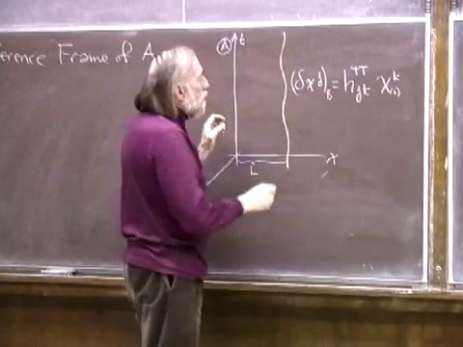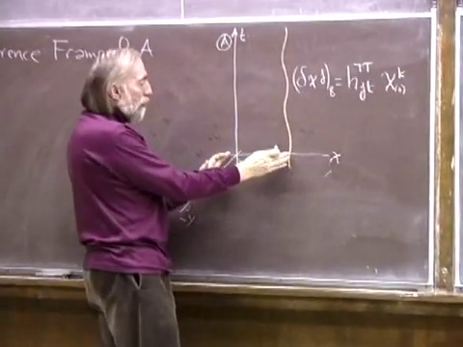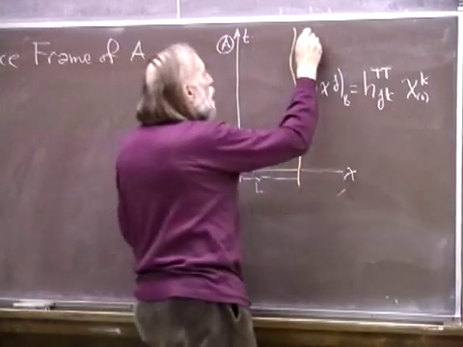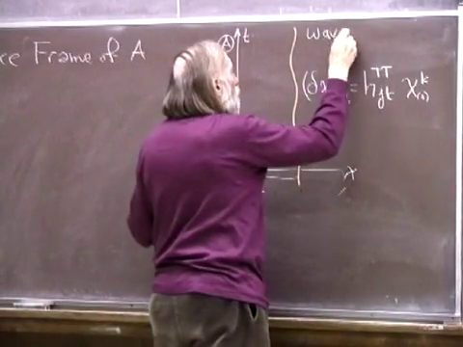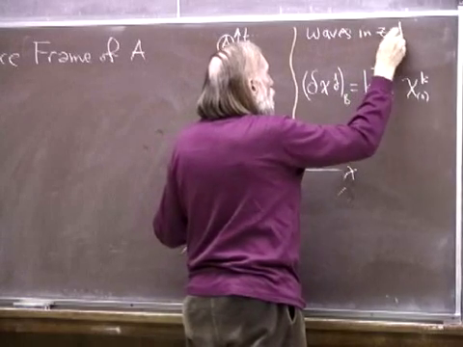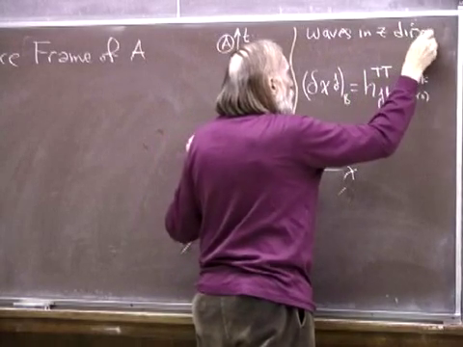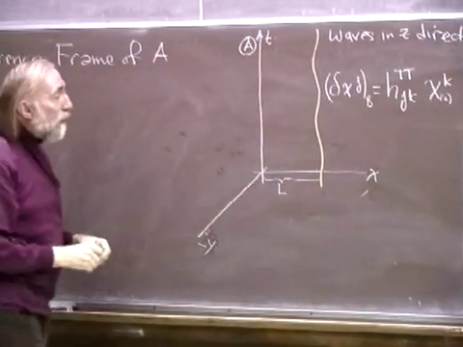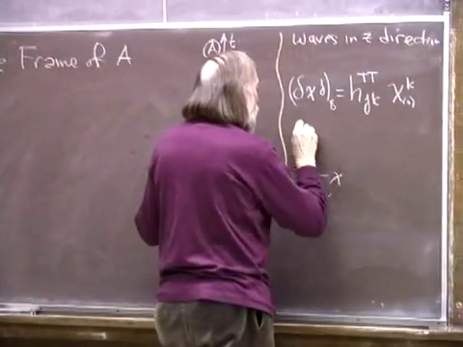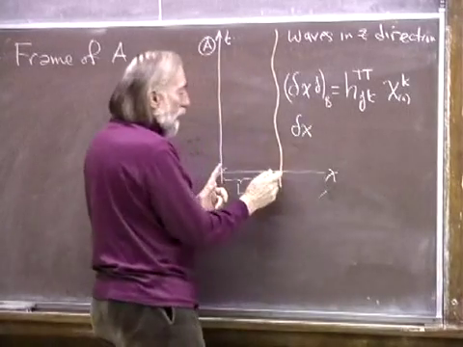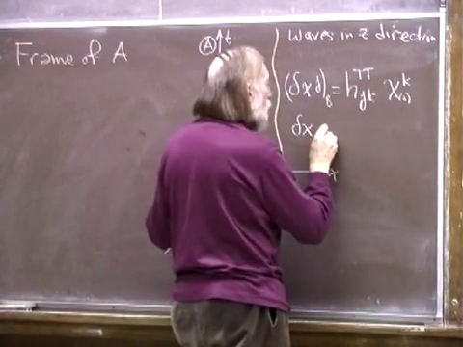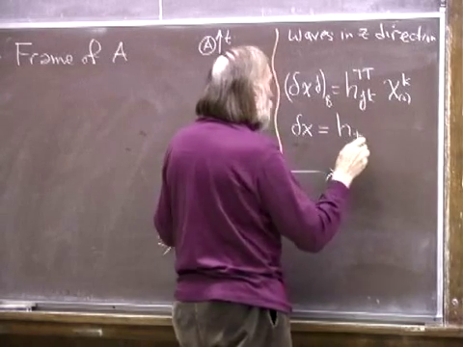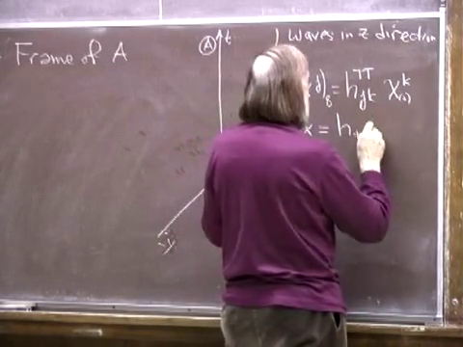And that reduces, in this case our particle B is on the x-axis, and the waves are propagating in the z direction. So the direction of propagation is the z-axis, which is not exhibited in the diagram. This reduces to a perturbation in the x-coordinate that is just equal to h plus times x.